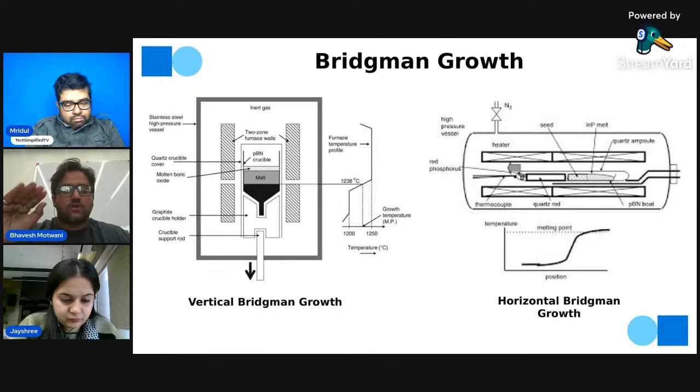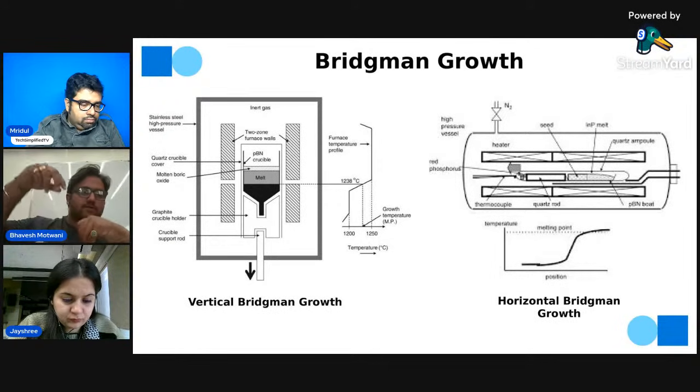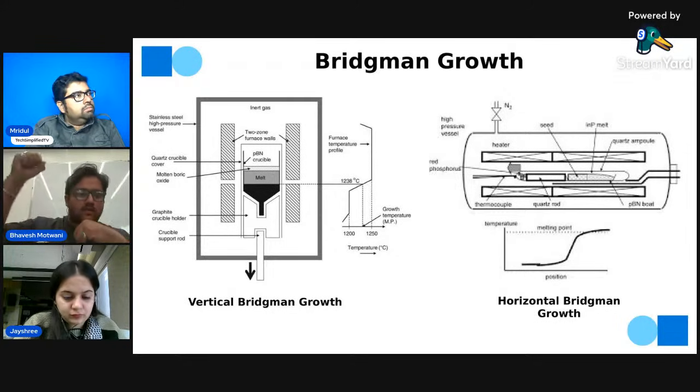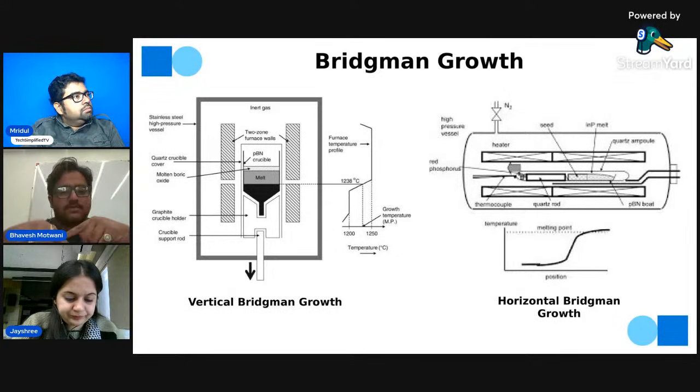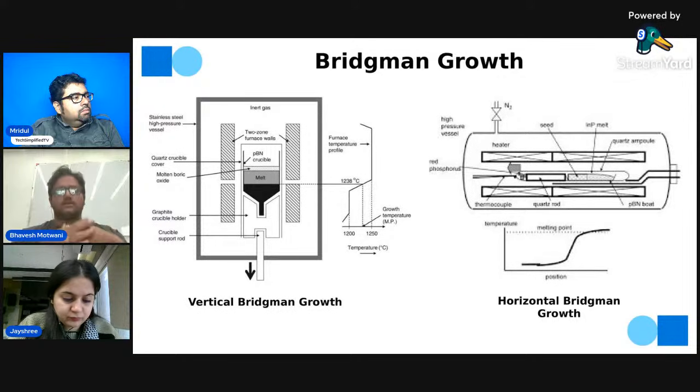it out. So in CZ, we introduce a seed crystal or put a rod in it and then take it out. But in this process, we put a seed in it, introduce it, and make a whole ingot. Instead, it can be like this.